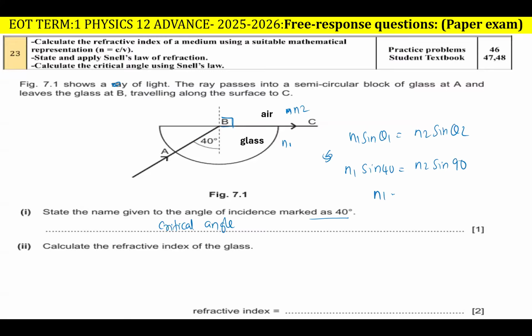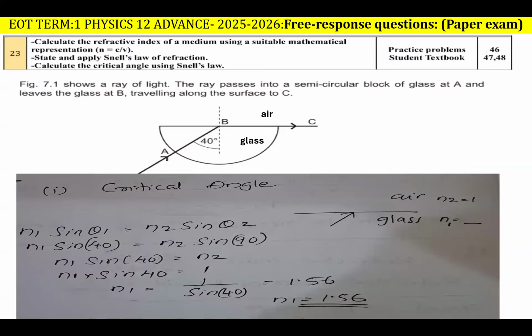So n1 sine 40 equals n2, which is 1. So n1 is equal to 1 divided by sine 40. So you get 1.56. Okay, so for a critical angle, n1 sine theta 1 is equal to n2 sine theta 2.